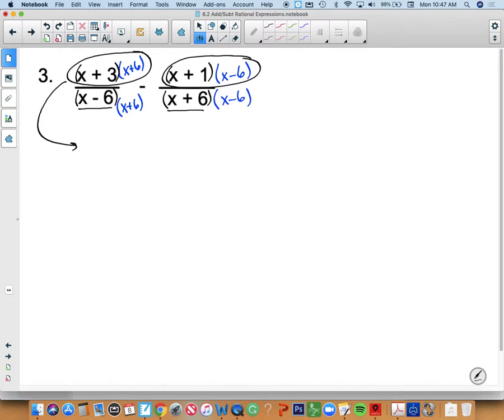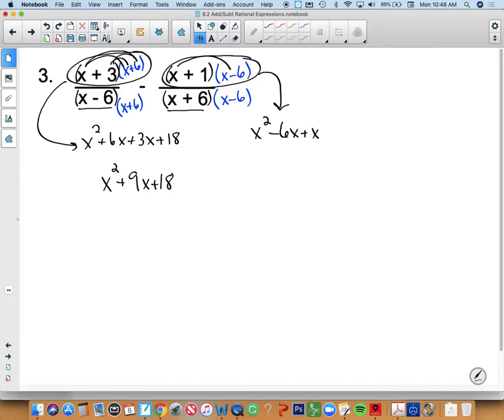So FOILing it out: x squared plus 6x plus 3x plus 18. So that one simplifies down to x squared plus 9x plus 18. That's the one on the left. This one, let's FOIL it out. X squared minus 6x plus x minus 6.